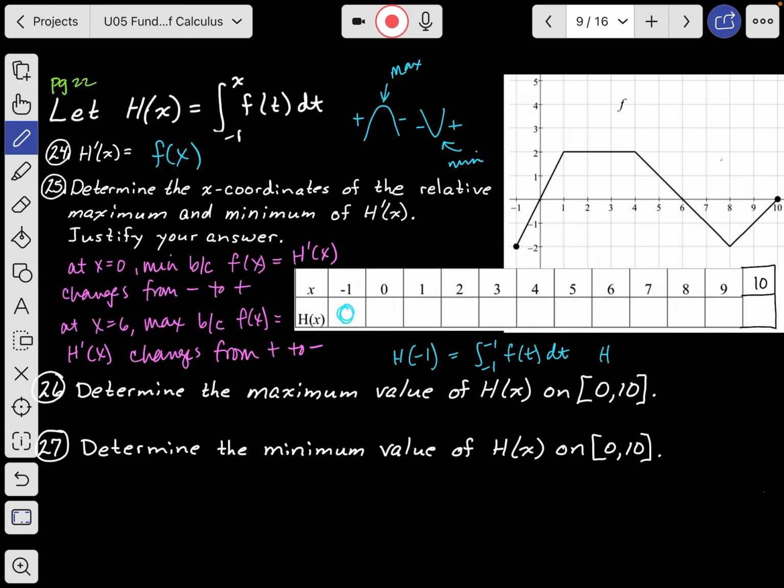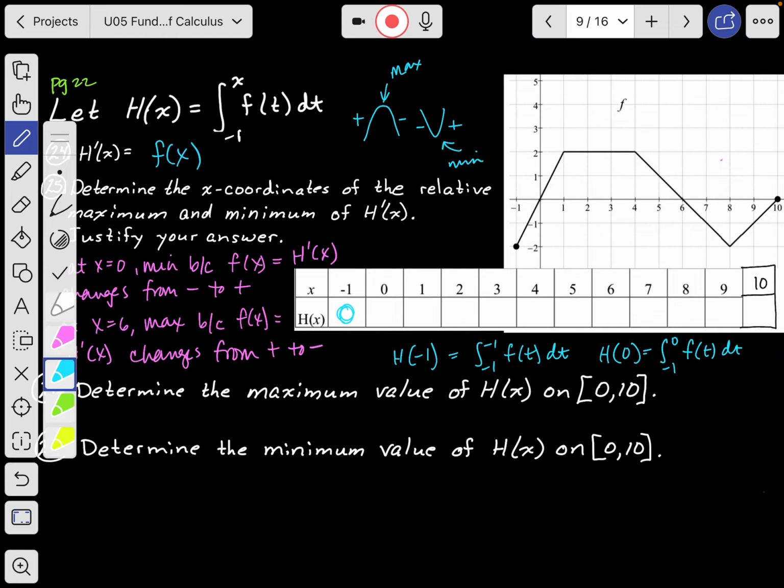Okay, so now let's evaluate the next one, h of 0. So I'm looking at the integral from -1 to 0, and you know the integral is just the area under the curve. And so from -1 to 0, that is this little triangle right here. And if I just find the area of a triangle, half base times height, that's going to give me -1.